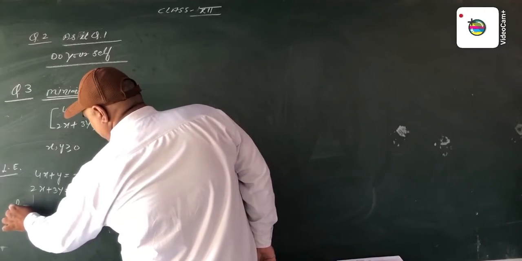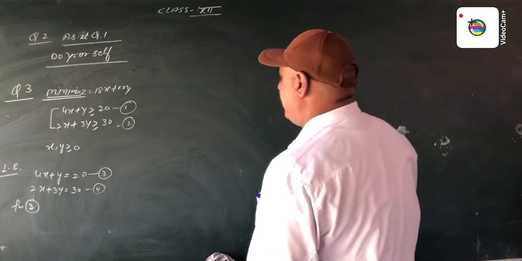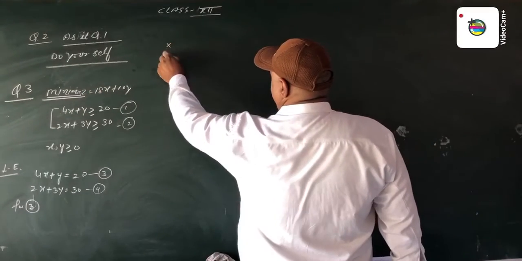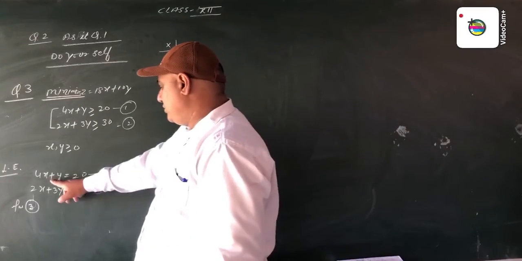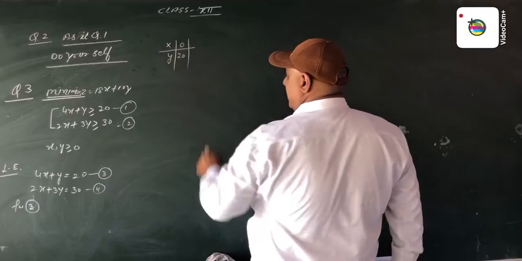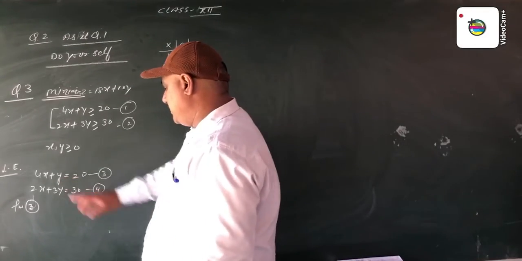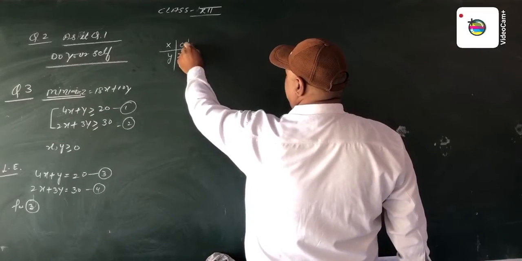From equation third, we find the values of x and y. We put x equal to 0, then y is equal to 20. If we put y is equal to 0, then x is equal to 5.